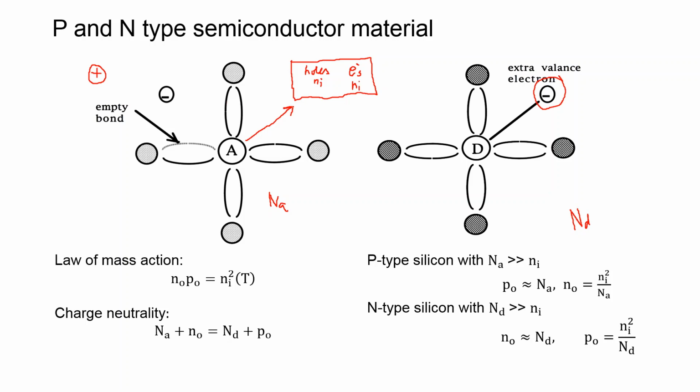Now we added the acceptor atoms, so additional holes of density Na are added. So now holes are Na plus Ni and electrons are Ni. Since the value of Na is very high as compared to Ni, holes become the majority and electrons become the minority.